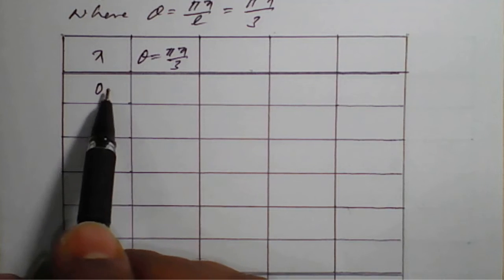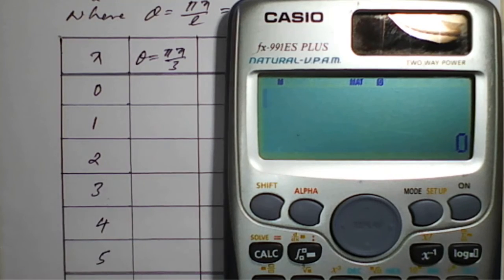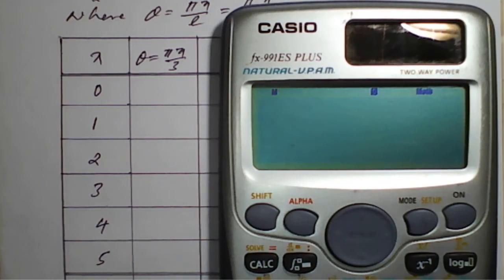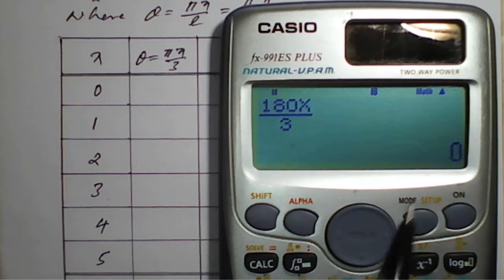So we take 180 into x divided by 3 and prepare it in the calculator, using the fraction option, 180 into alpha x divided by 3, then calc. When x is 0, the value is 0.